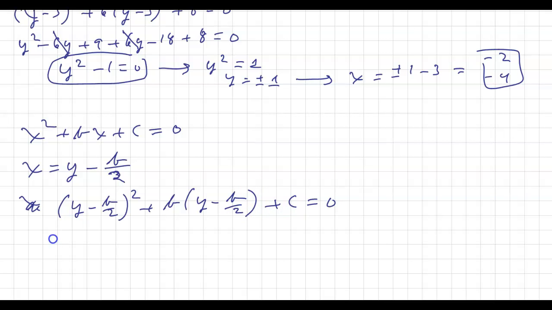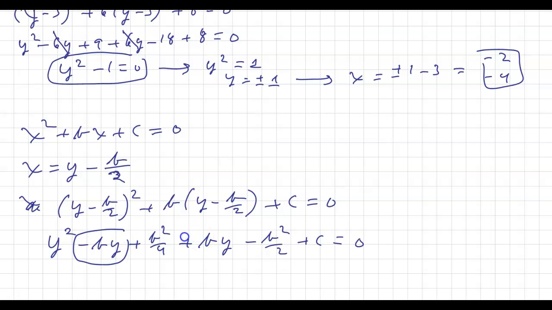And when you do the FOIL thing, you get y squared minus by plus b squared over 4 plus by minus b squared over 2 plus c equals 0. But what's key is that these two things will always cancel out.